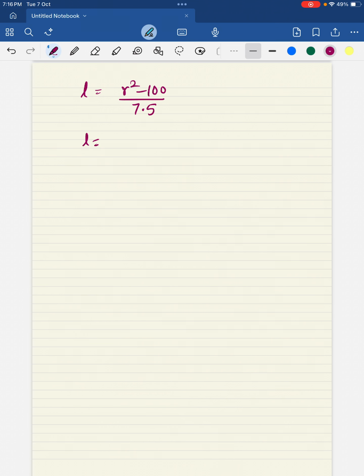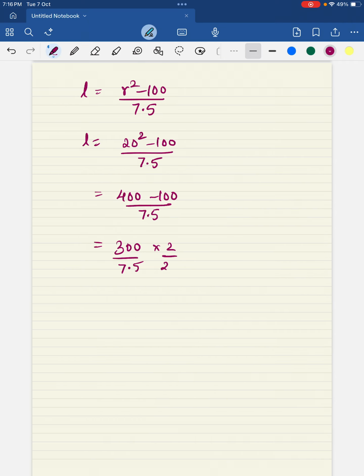So L would be equal to R is 20, square minus 100 upon 7.5. 20 square is 400 minus 100 upon 7.5. This goes like 300 by 7.5. I'll multiply this by 2, multiply this by 2. So that will give me 600 by 15. That will yield me 40 meters. So the length comes out to be 40 meters.